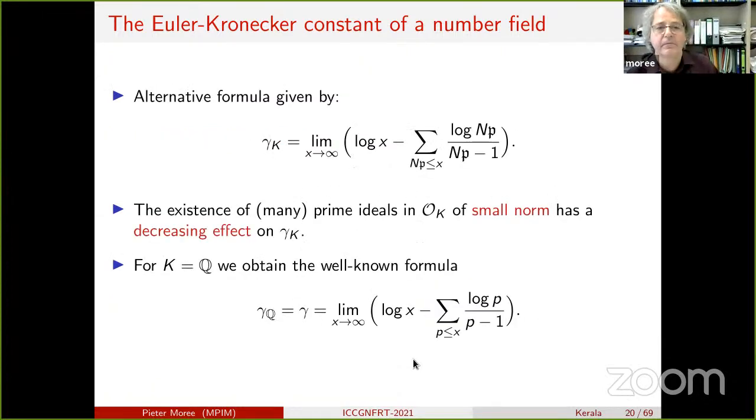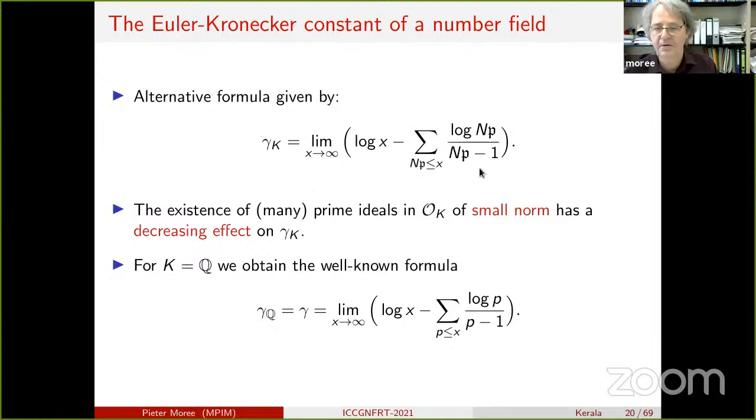There is also an alternative formula for this Euler-Kronecker constant. It is some limit and it involves a sum over prime ideals going up to x. What I like about this formula is that it clearly shows the influence of prime ideals of small norm.